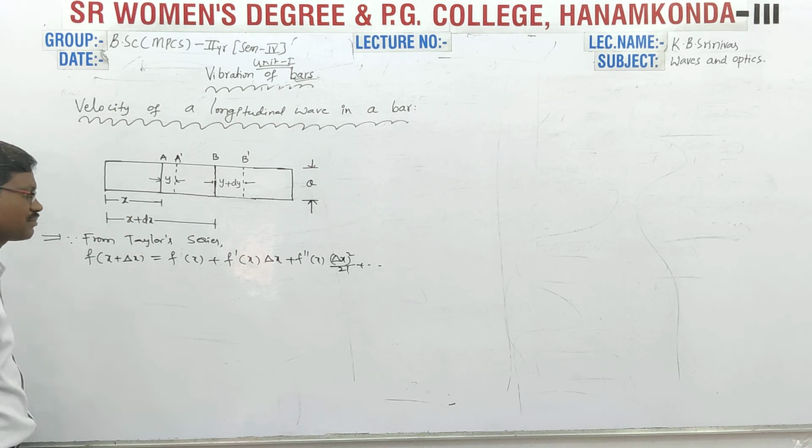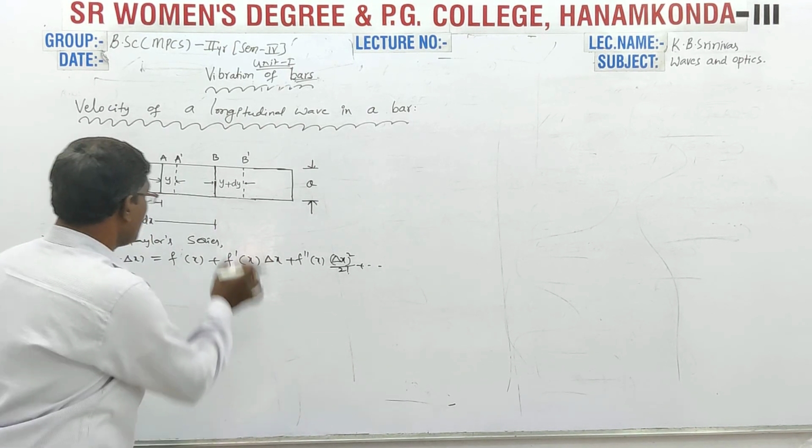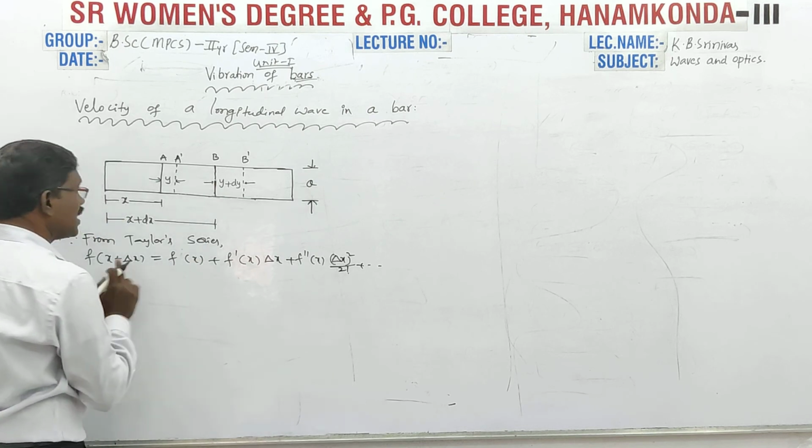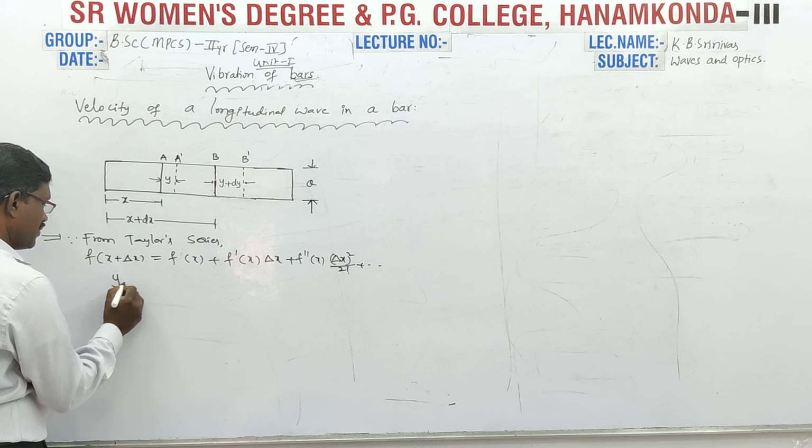This is Taylor series. Why am I considering this Taylor series? To calculate this y plus dy, instead of x plus delta x, here we are having y plus dy.